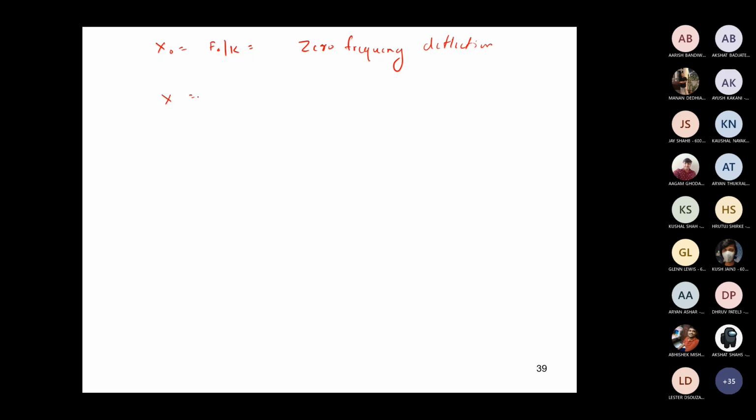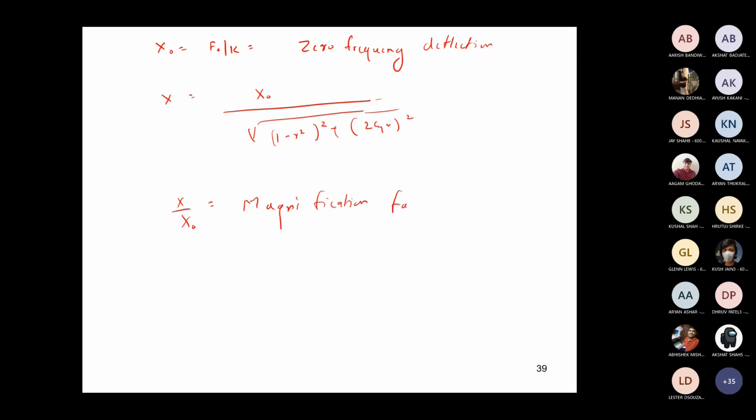So I can write x is equal to x0 divided by square root of 1 minus r square whole square plus 2 zeta r whole square. That is the equation for the steady state amplitude of vibration. This quantity x divided by x0 is also called the magnification factor, or the amplitude ratio.